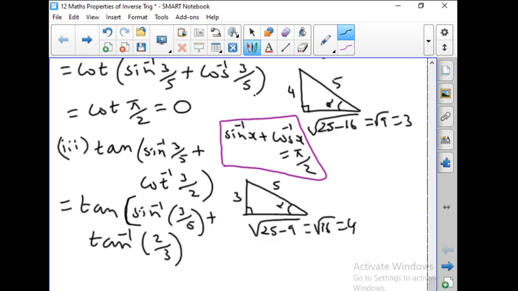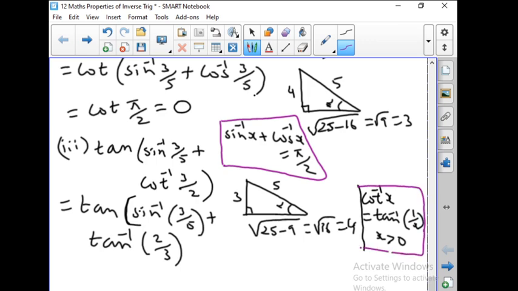I'll put the property by the side: cot inverse of x is equal to tan inverse of 1 by x when x is greater than 0. So in the place of cot inverse of 3 by 2, we have taken tan inverse of 2 by 3.